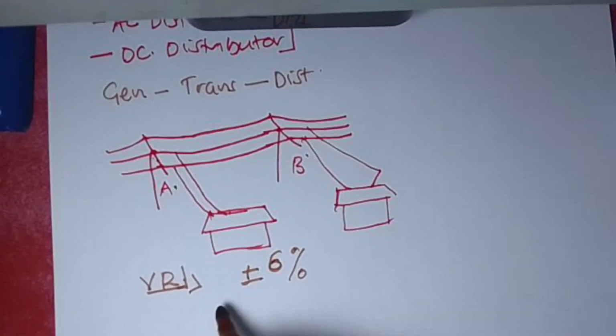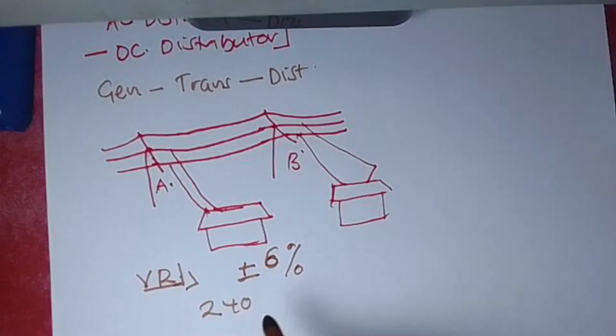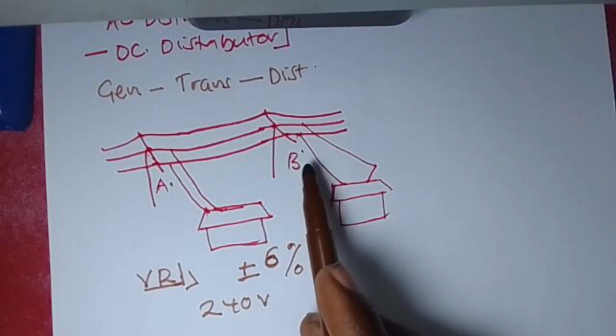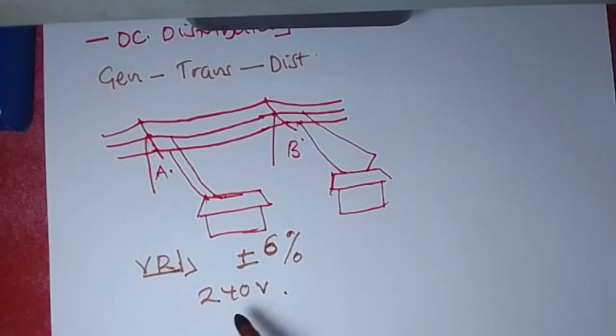Meaning that if your system is supposed to supply 240 volts, the voltage at the receiver's unit should not go below at least 6% of this value, or rise above at most 6% of that given value. So that is the basic reason why we have to study these distributors, and to be able to calculate and know whether the voltages are lying within the given limits.